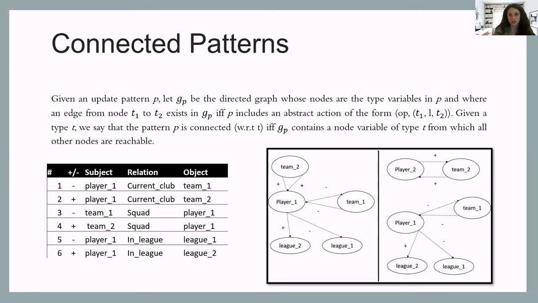Here it's a soccer player, and the table on the left is a set of abstract actions that are part of a pattern that is displayed here as a graph.